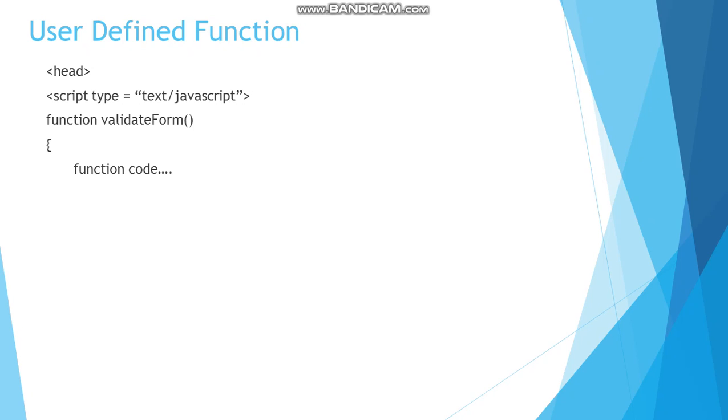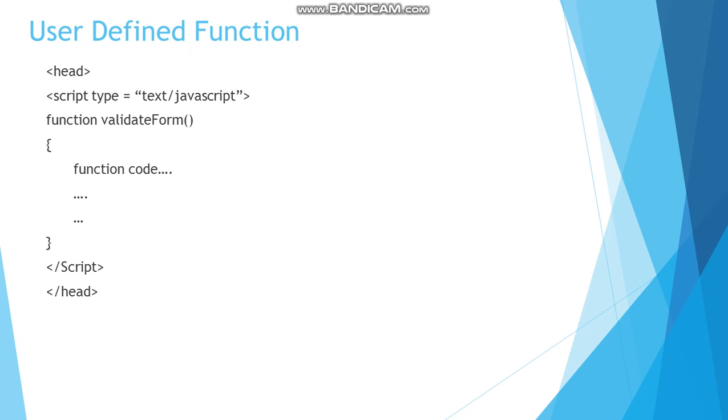After writing the function name, we have to give curly brackets. Inside the curly brackets we can write the function code, and at the end we have to close the curly bracket, then /script /head. So this way, inside the head part, inside the script tag, we can create a JavaScript function using the function keyword.